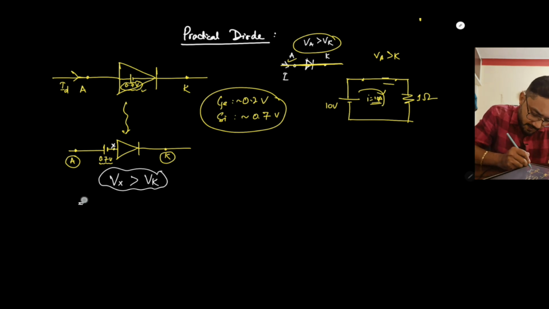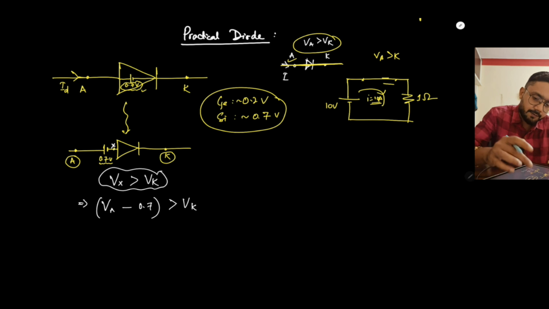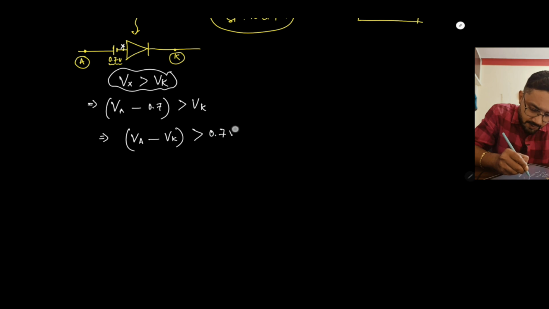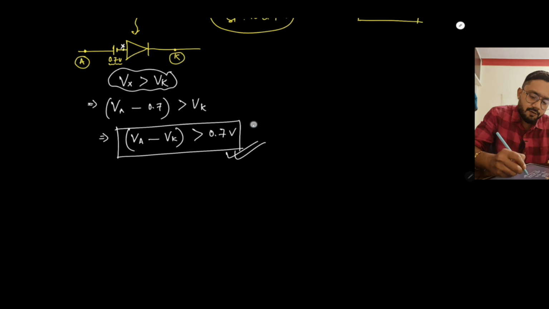So what is Vx? Vx is equal to Va minus 0.7, greater than Vk. So this basically means Va minus Vk must be greater than 0.7 volt.